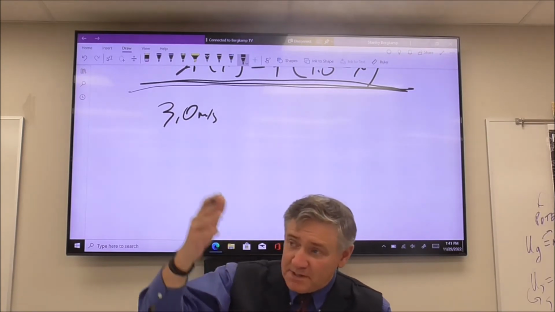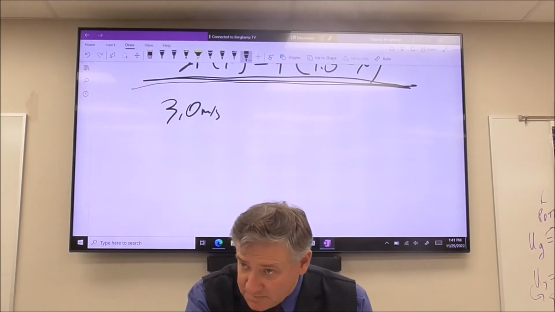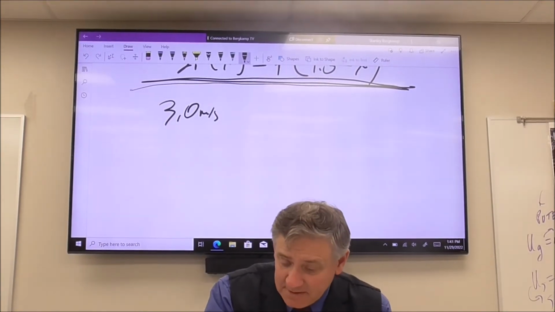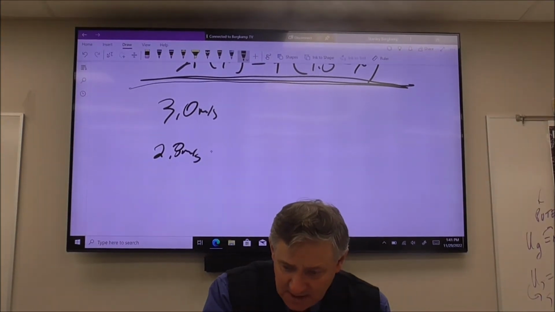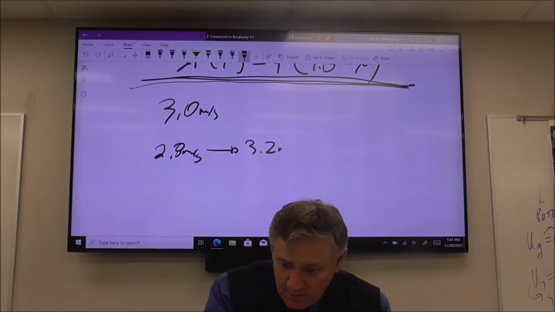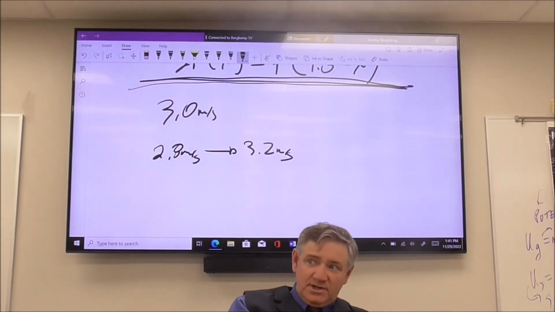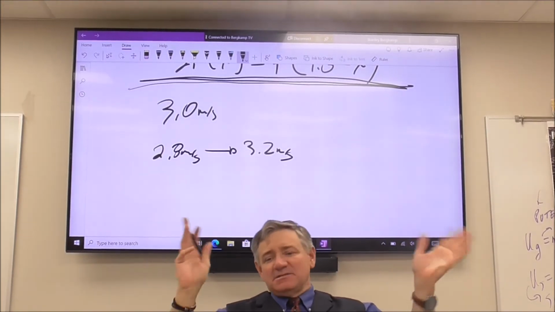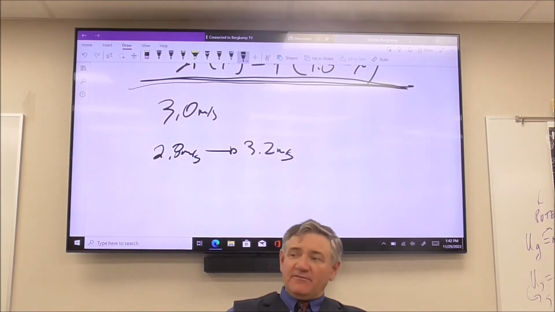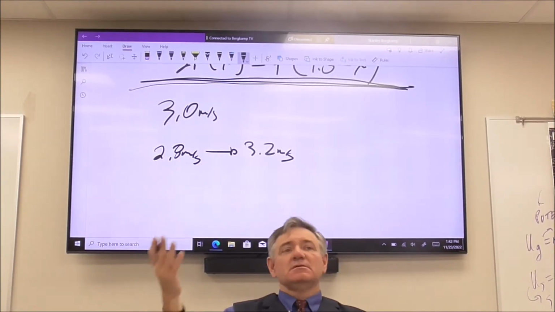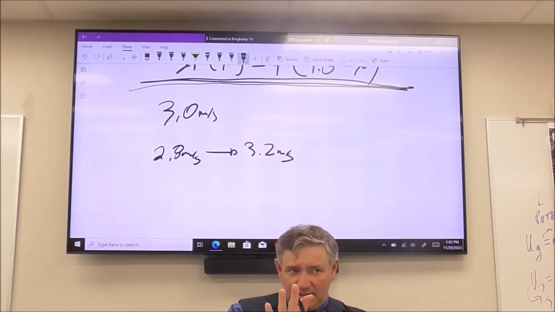It could be 0.2 meters per second faster or 0.2 meters per second less, so in reality somewhere between 2.8 and 3.2 meters per second. That's our uncertainty. Obviously, the better the measurement device, the smaller that uncertainty becomes. Got that idea?